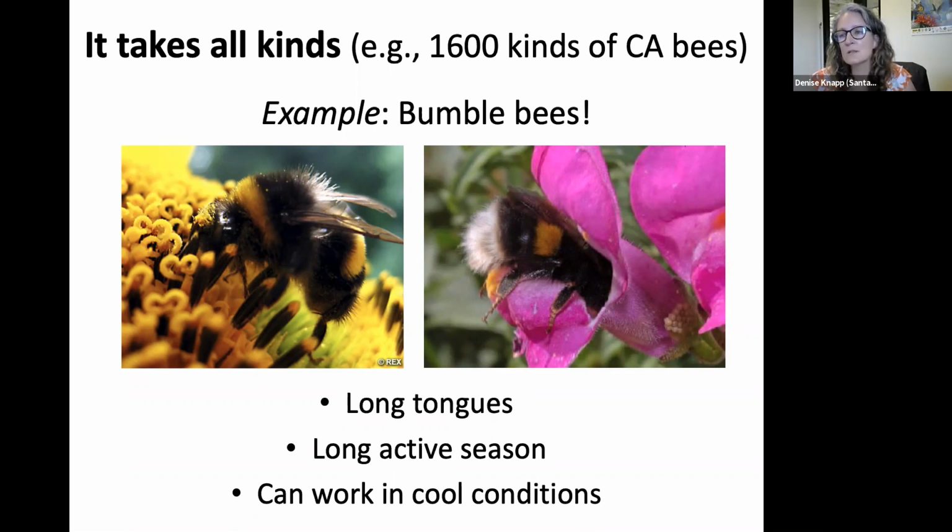They also have pretty long tongues for a bee, and that means that they can access some flowers that are deeper, that are more complicated, and so achieve pollination that some other species can't. They also have a pretty long active season. Because they're so hairy, they can actually do things like shiver and bask in the sun, and this means they can work in cool conditions, which makes them super valuable for that early time of year.